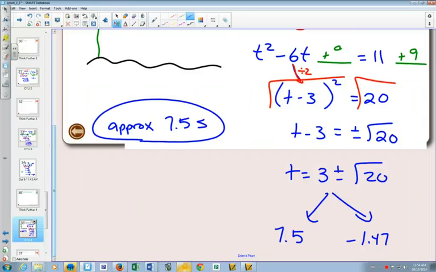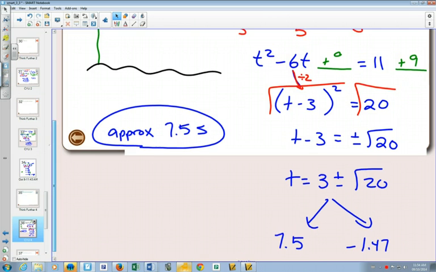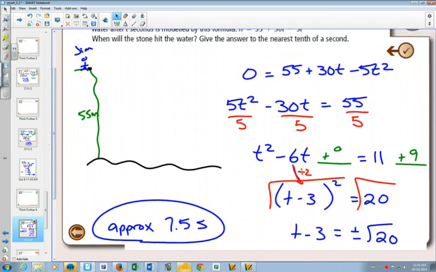Approximately 7.5 seconds. What we're going to learn in chapter 4 is what these graphs look like. If you throw a stone off of the cliff, it'll go up in the air until gravity gets a hold of it, then it will come down. When it hits right here is 7.5 seconds later.